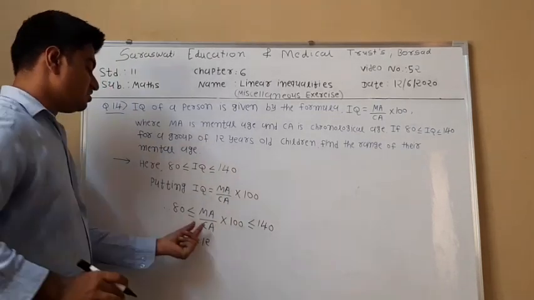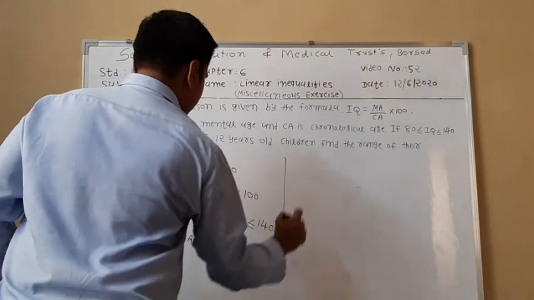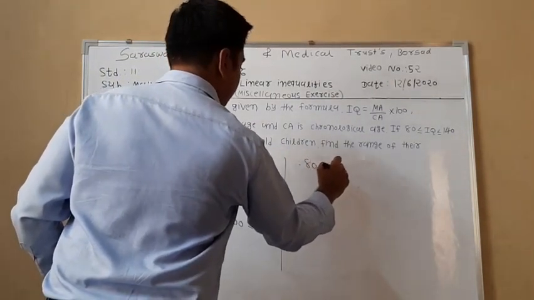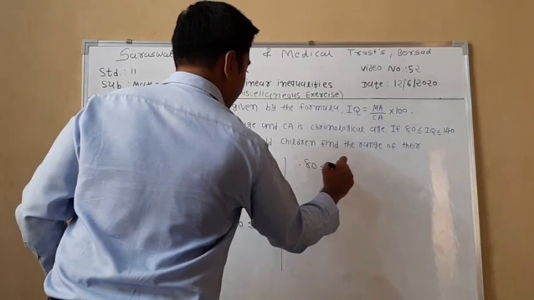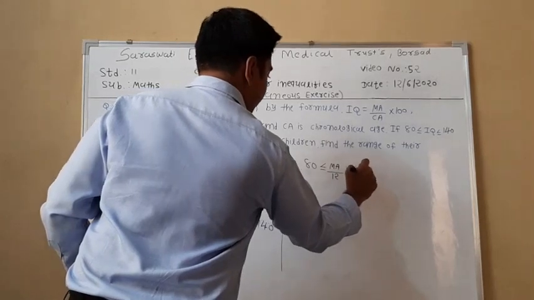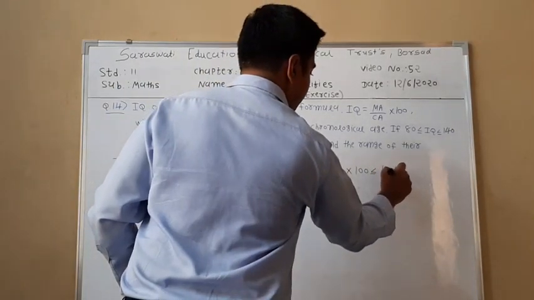That means in place of CA substitute this value. So therefore 80 less than equal to MA upon 12 multiply 100 less than equal to 140.